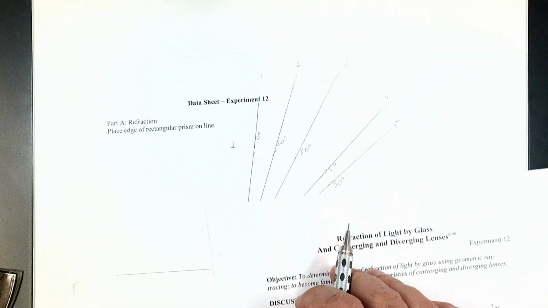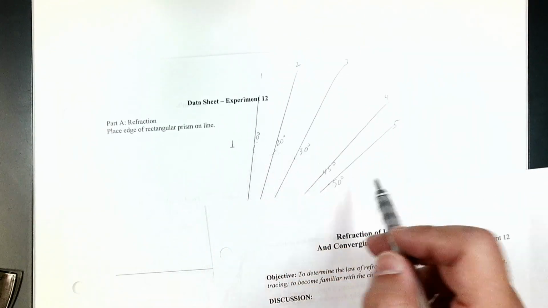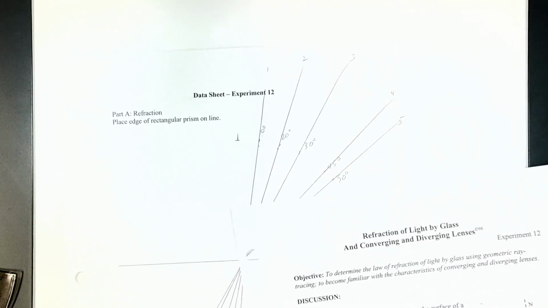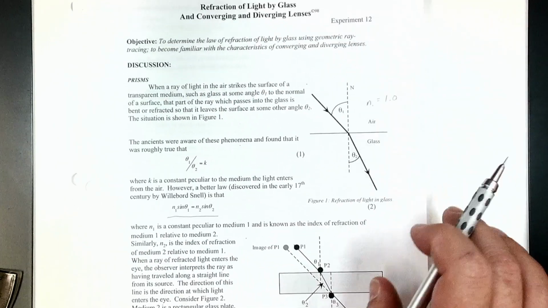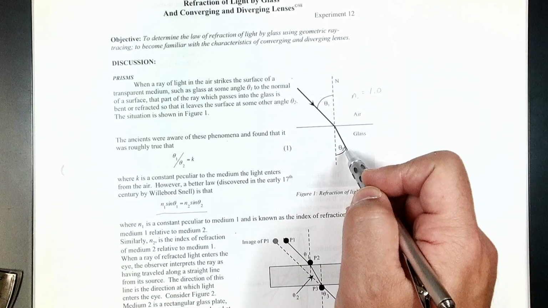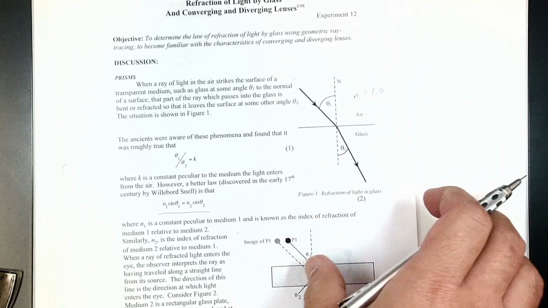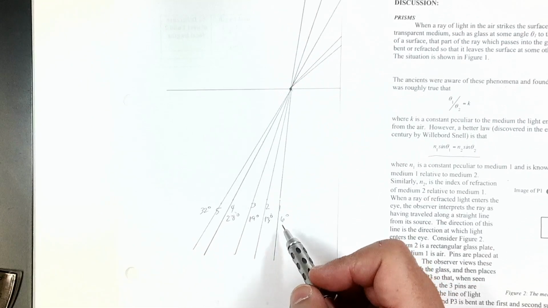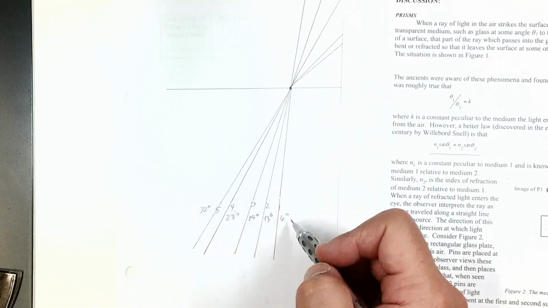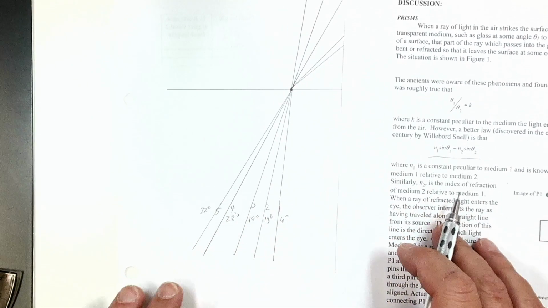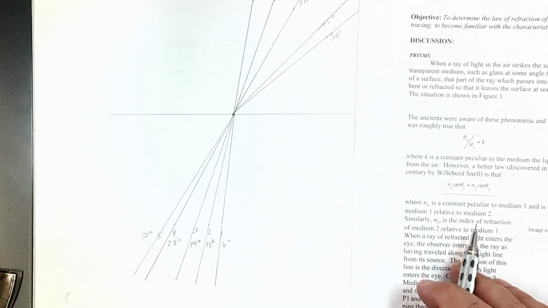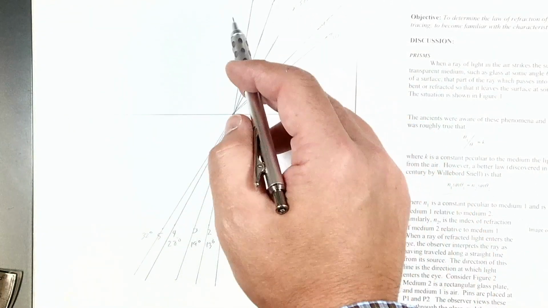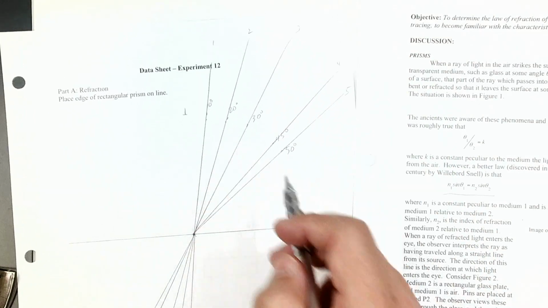So that would correspond to, say, the 10, 20, 30, 45, or 50 that we had as the incident or incoming ray angle. And then we have the refracted angle that we're measuring over here, theta 2. And that's going to be the numbers that I was just writing down here, the measured ones that were refracted, the 6, 13, 19, and so on. And those correspond to the incident rays that were at the top.